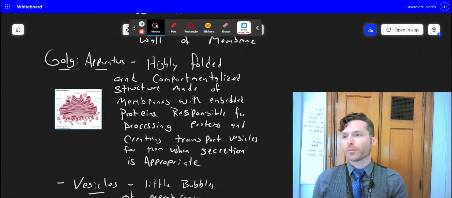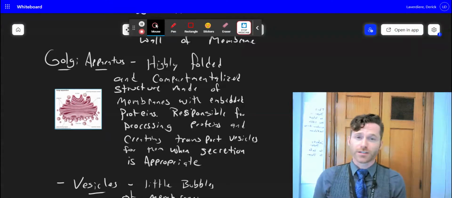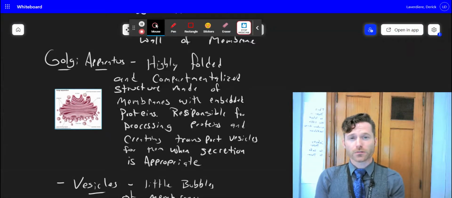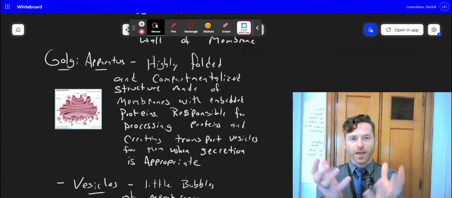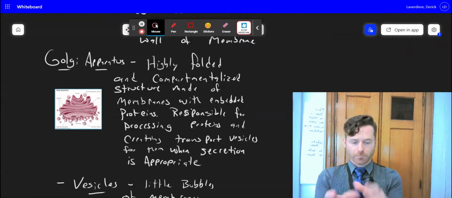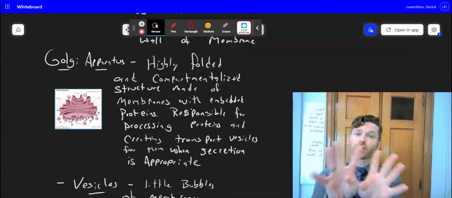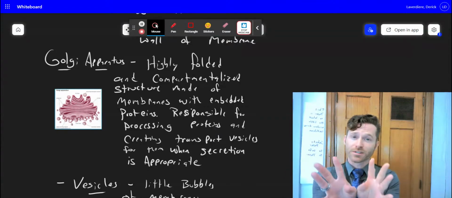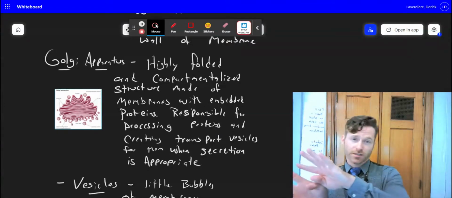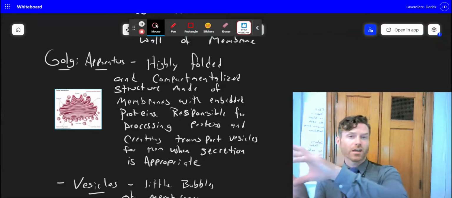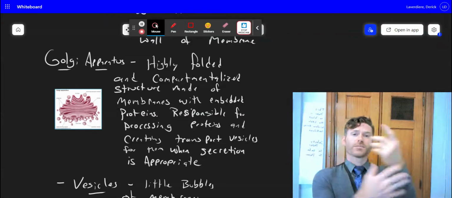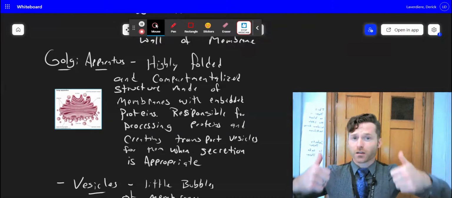And so if I'm making a protein in my liver that needs to go to my stomach cells, the Golgi apparatus will wrap that protein up in a ball of membrane. It will stick on some carbohydrate signals that are only going to be accepted by stomach cells. They hit a stomach cell, the stomach cell says, cool, this is for me. It grabs that vesicle, opens it up, takes that protein, says, yay.